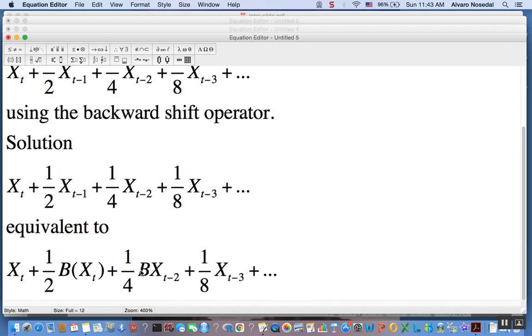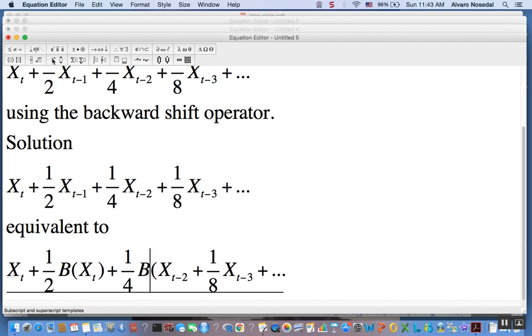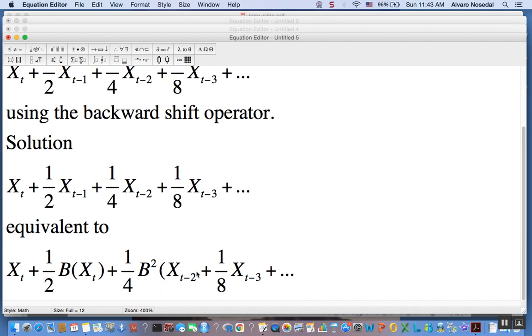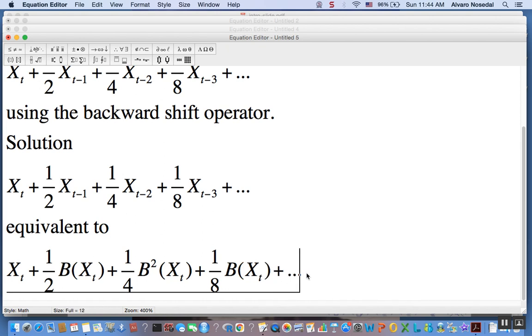Here it would be B squared applied to x_t. This one would be B cubed applied to x_t, and so on. We need a cube. Right. Okay.